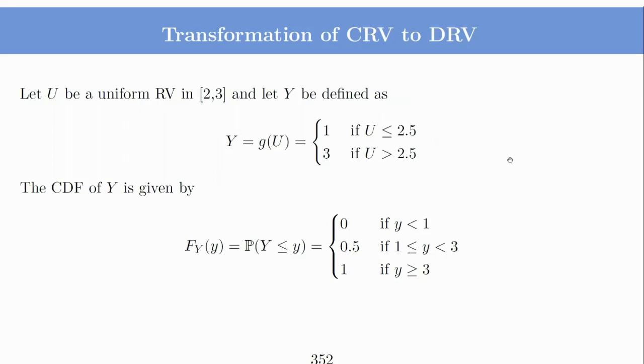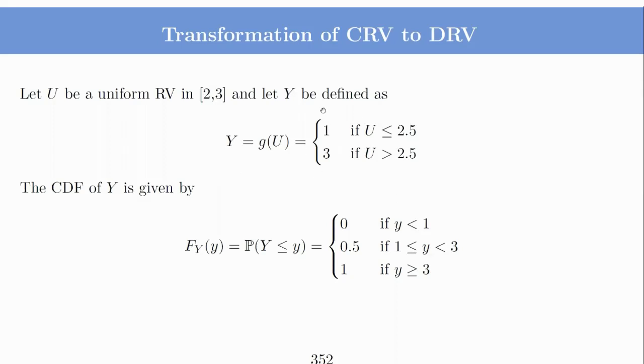So it can be in the interval [2, 3]. And all the outcomes which are less than 2.5 will map to 1, and all the outcomes which are more than 2.5 will map to 3. So if we look at this, it will be a discrete random variable because it takes only two values.